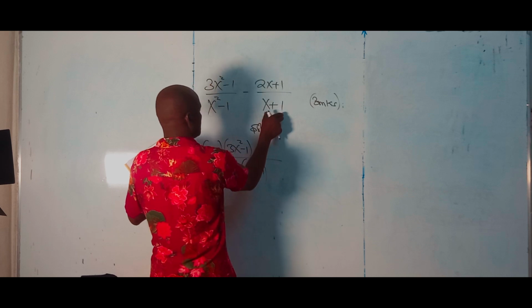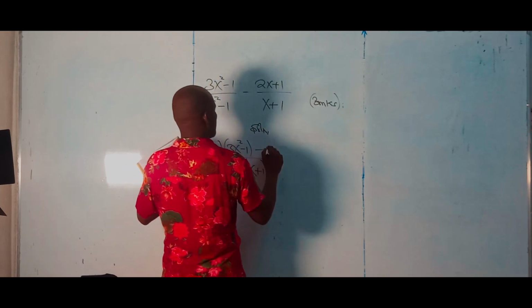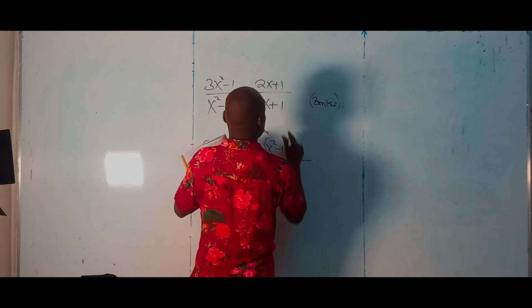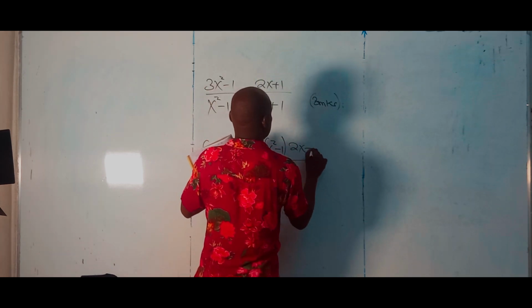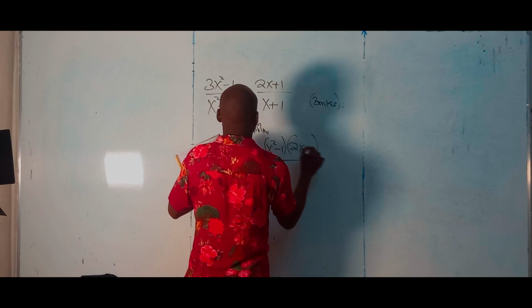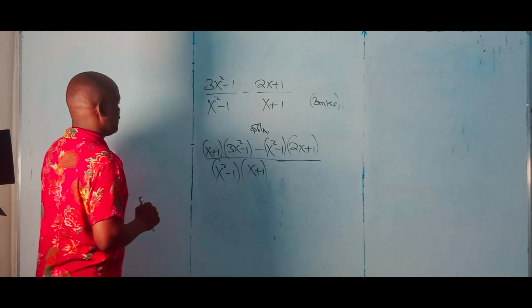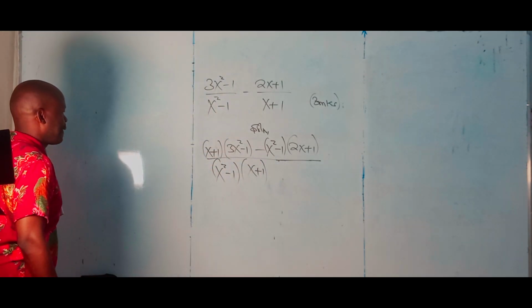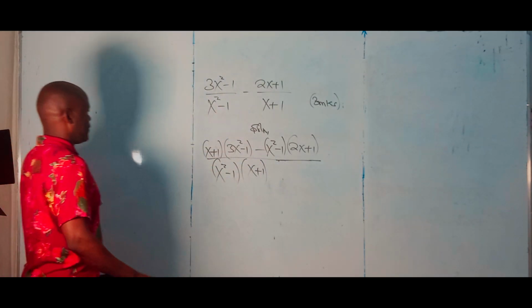Then minus, this goes here with x squared minus 1 times 2x plus 1. That's the first expression that we have. Then we can open these brackets.